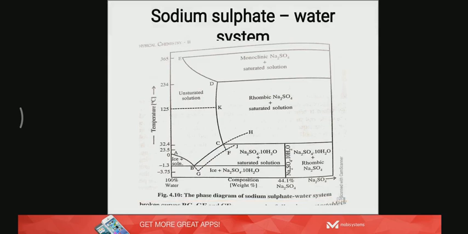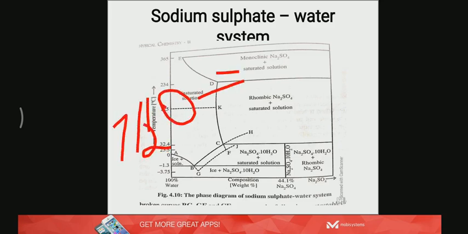So what is the peritectic reaction taking place at F? It will be Na2SO4 7H2O. It will melt incongruently so that the liquid will have a different composition compared to the solid.